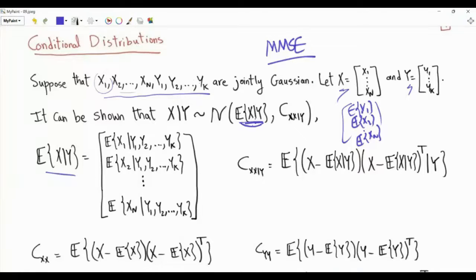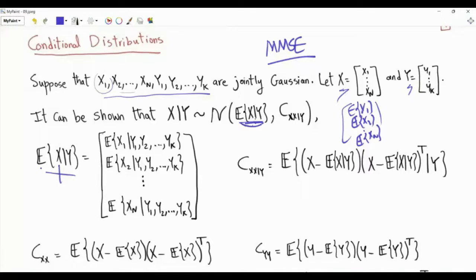The practical application, again, is that the y's will be measurements, observations, data that are collected. So the y's will be known. And we ask ourselves, can we have an estimate for the x's? In minimum mean squared error estimation, where our unknowns and the observations are jointly Gaussian, the solution that minimizes the mean square error is expectation of x given y.